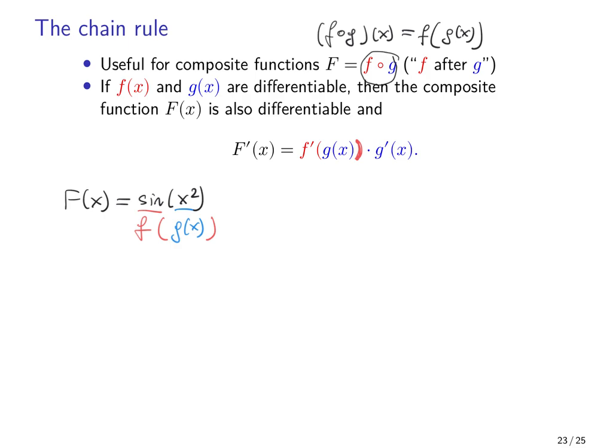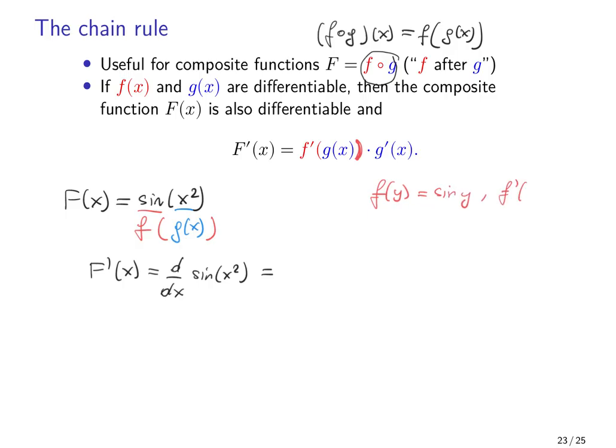Okay, now what does the chain rule tell us? F prime of x, or in other words, d dx of sine x squared, is going to be the following. Let's stick with the colors. So we have f of y is sine of y, and we're going to need the derivative.